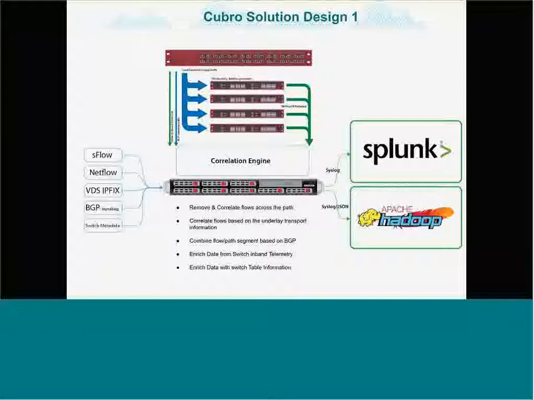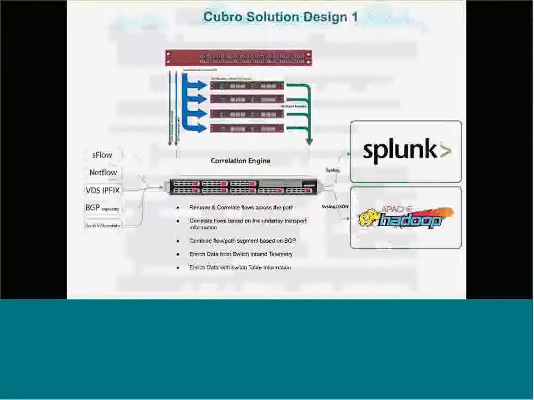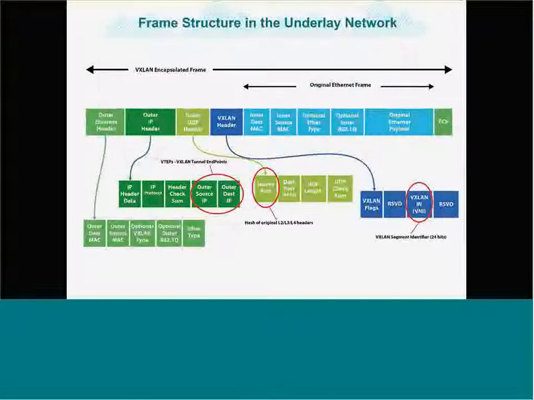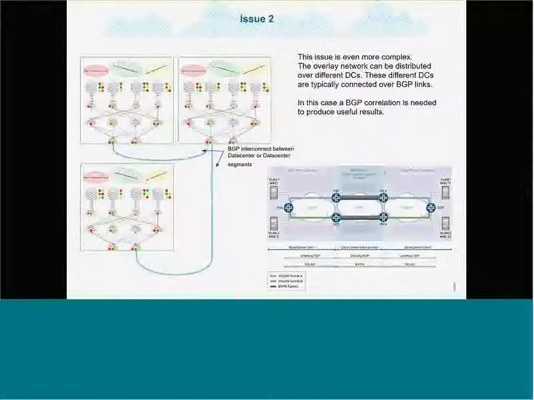The BGP signaling is a routing protocol inside the network, and jumping back to this picture, we have on one side this VXLAN header, then the other VXLAN header. These are different headers. And in between, we read the BGP, and this gives us the connection. So we know, okay, this VXLAN and this VXLAN belong to the same overlay.